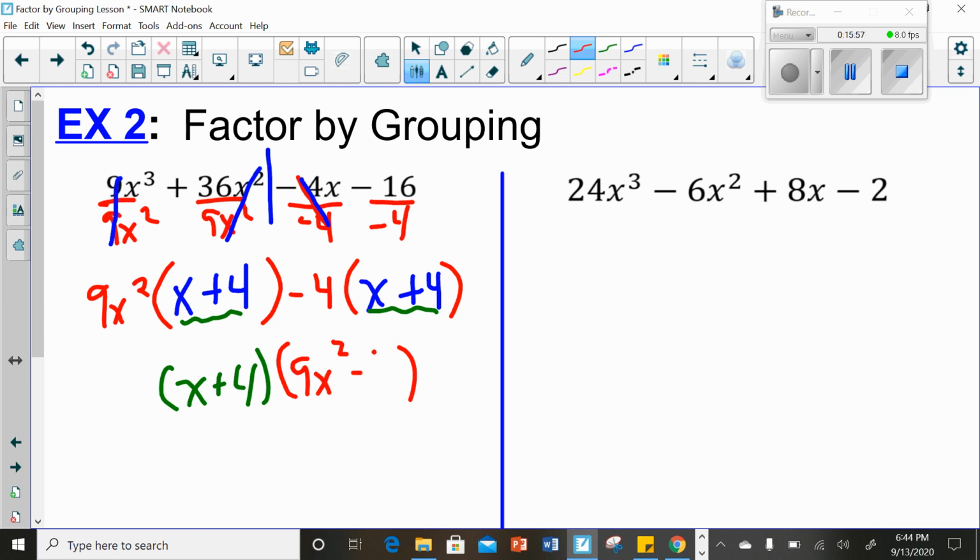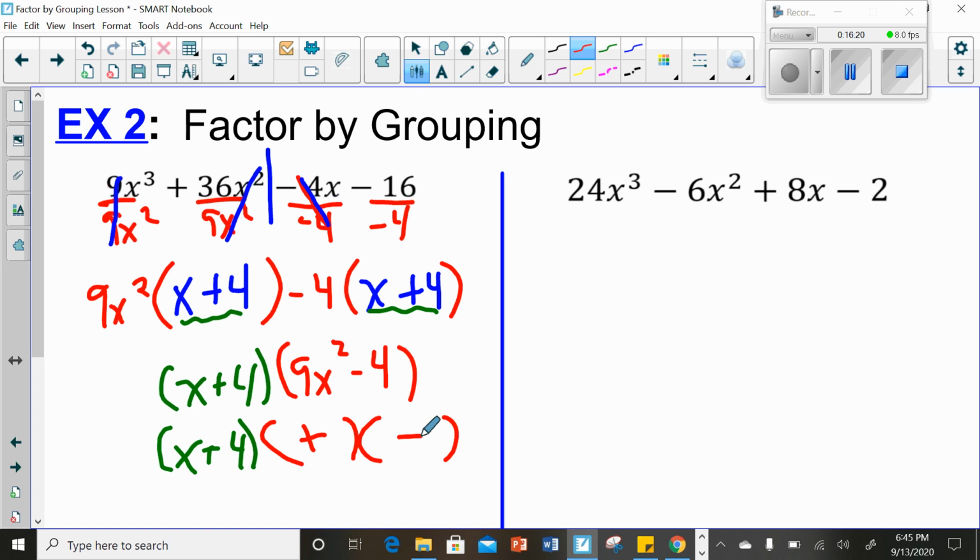So I'm just going to chat with you a little bit about the difference of two squares, because you should remember that from Algebra 1. So we're just going to bring down the x plus 4, because this is not the difference of two squares. Remember, you can factor that difference of two squares into a plus-minus pattern.